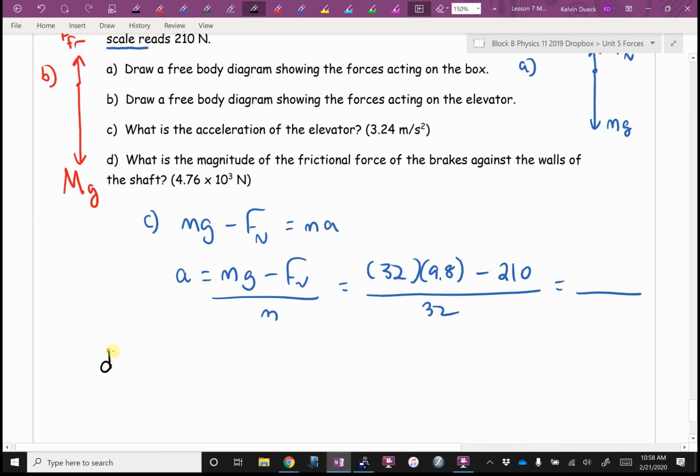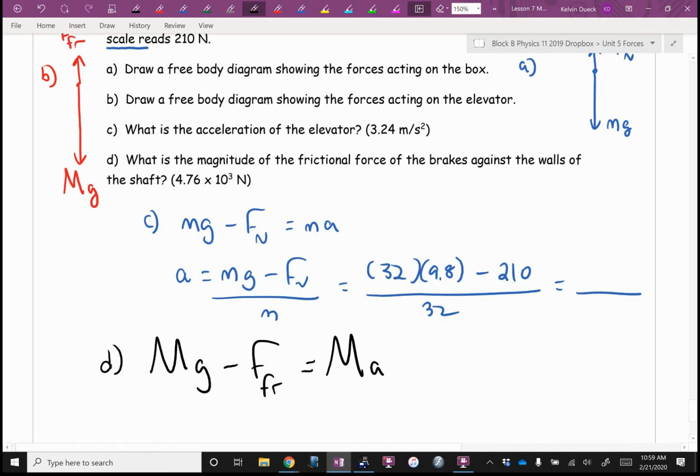And then for part D, the equation would be big M G minus friction equals big M A. And I could get friction by itself, swappy dance, and I'll use the A from part C. Is that all right?